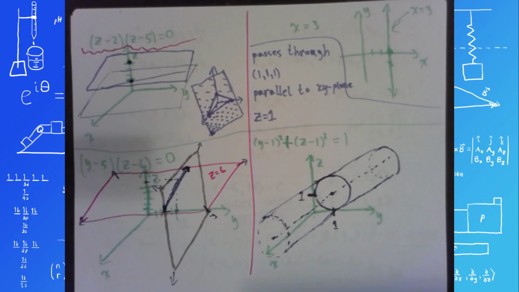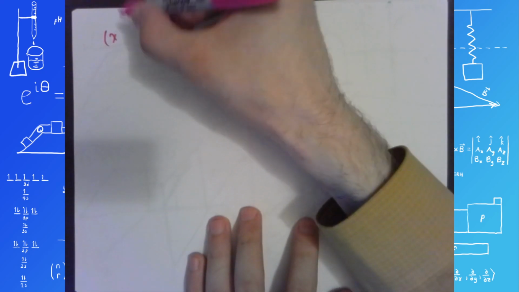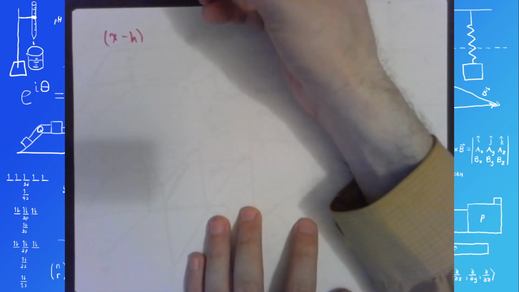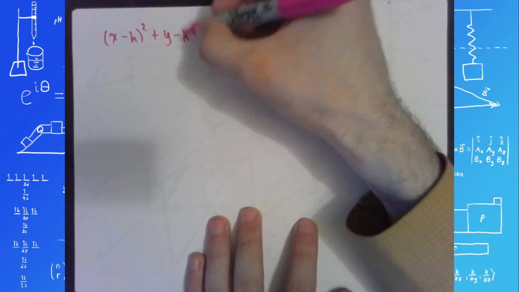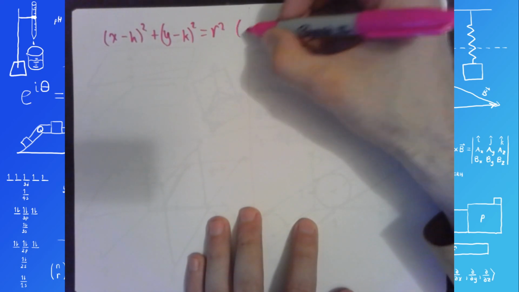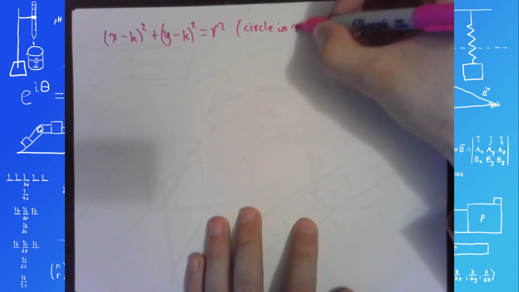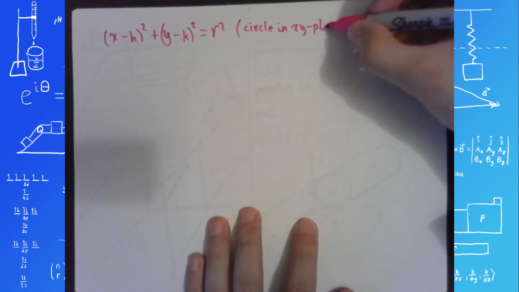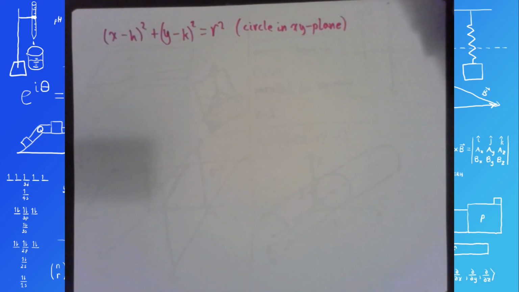So if the equation of a circle is (x - h)^2 + (y - k)^2 = r^2, this is a circle in the xy plane, then what do you think the equation of a sphere would be? What would be your educated guess?